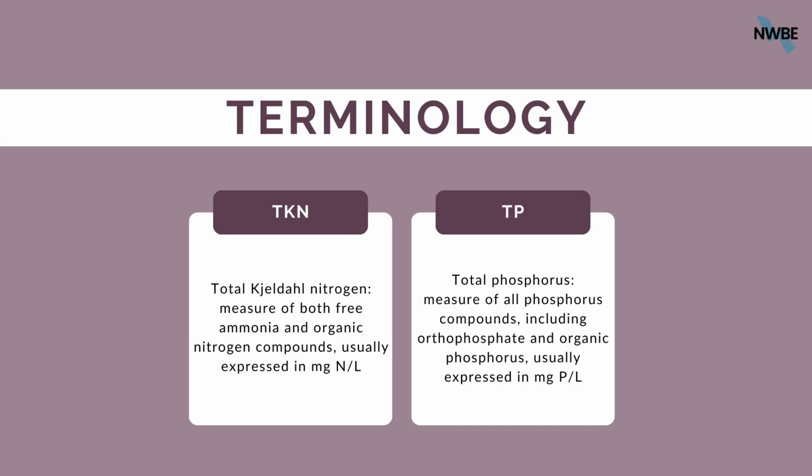TKN is total Kjeldahl nitrogen, which is a measure of both free ammonium and organic nitrogen compounds, usually expressed as milligrams of nitrogen per liter. TP is total phosphorus, which is a measure of all phosphorus compounds, including orthophosphate and organic phosphorus, usually expressed in milligrams of phosphorus per liter.